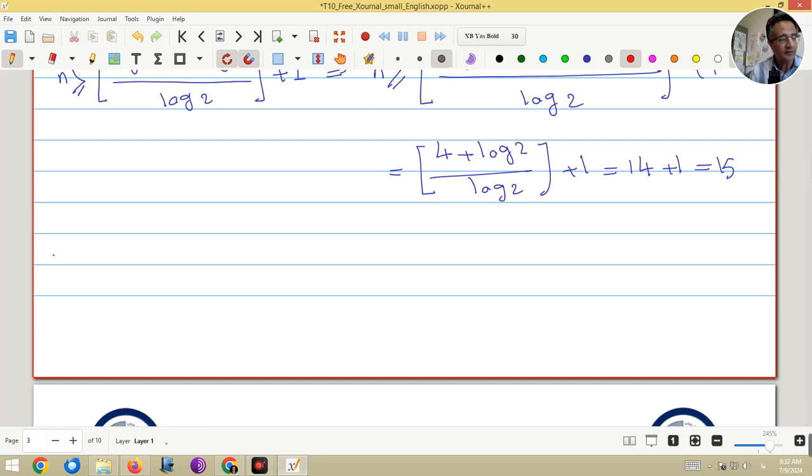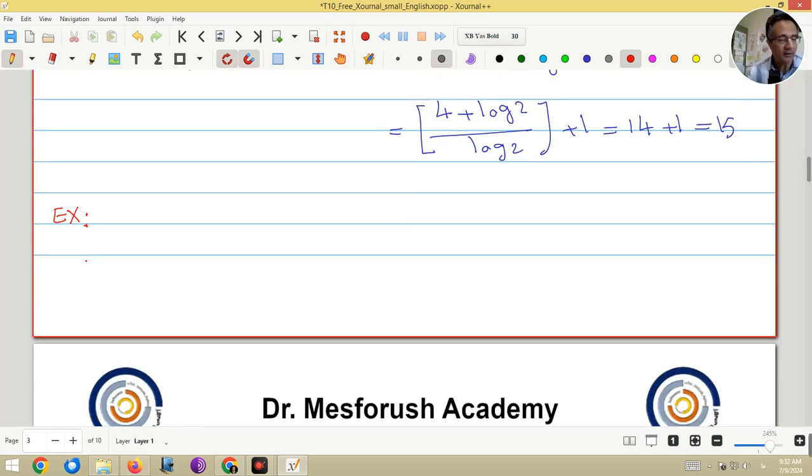In the second problem, I want to implement the bisection method, and it's very, very easy, just some very simple computation.